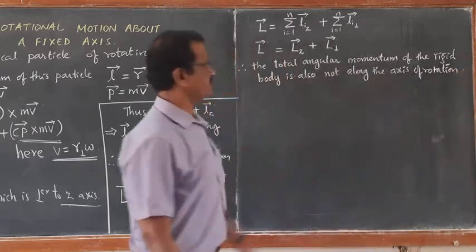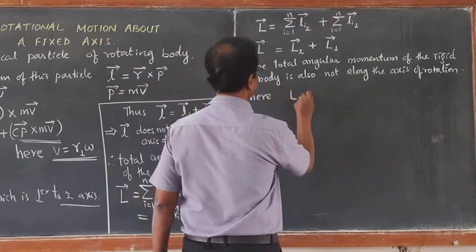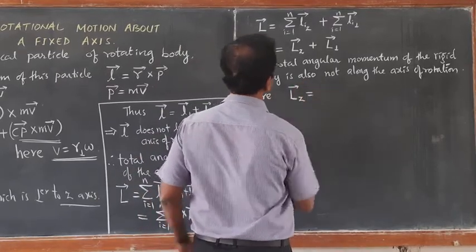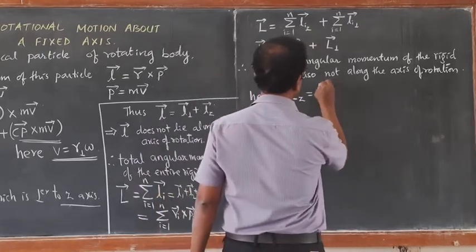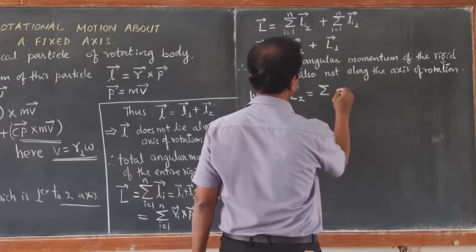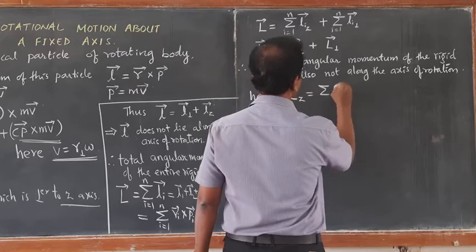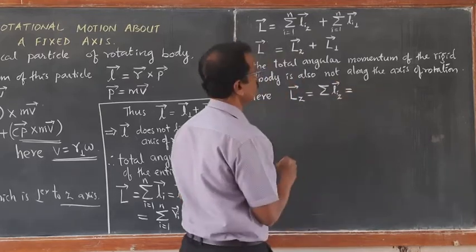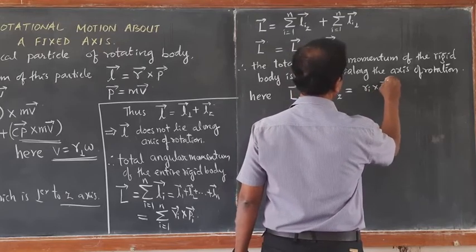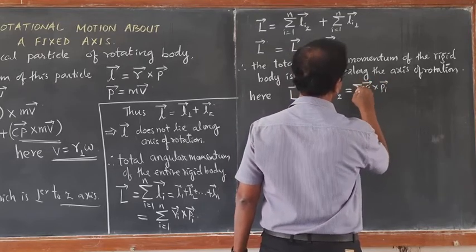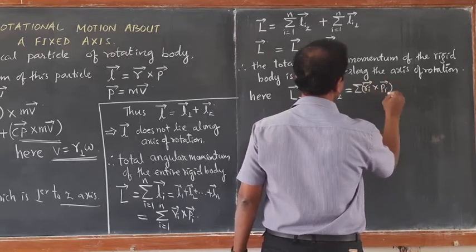Okay, now what is Lz? Let us write here. Lz is equal to summation of all Li's about the z axis. That can be written as Ri cross Pi summation about the z axis.